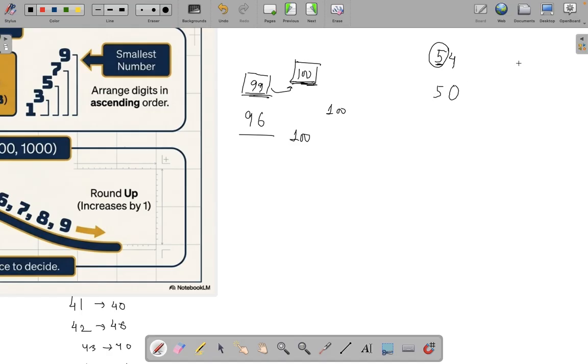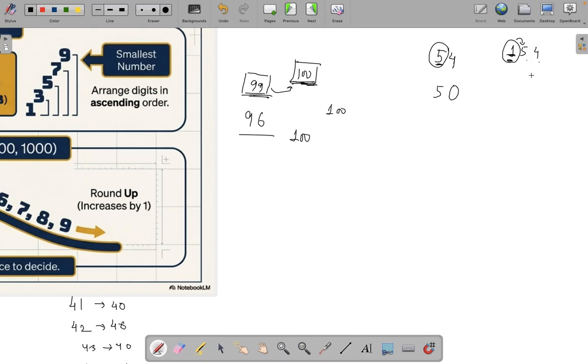Now, if I am asking to round something off to the nearest 100, say 154, you look at the hundreds digit. So, ones, tens, hundreds. You freeze this, because you want to round this place. Now you look at the number just to its right and see whether it is greater than or equal to 5 or less than 5.